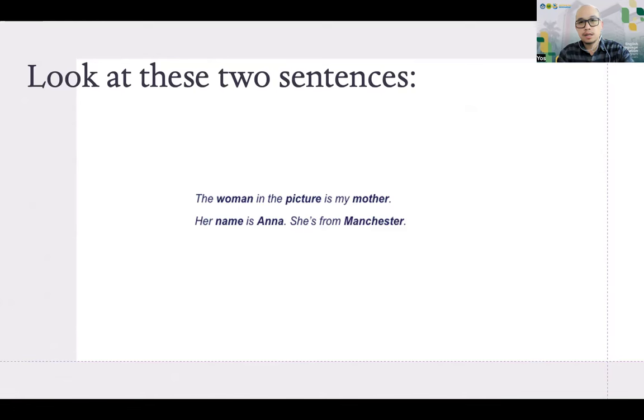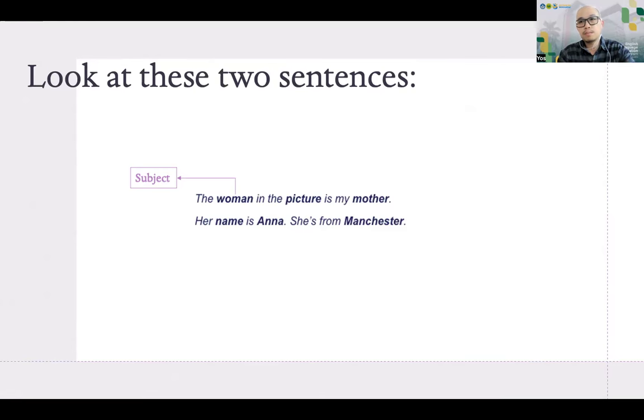Let's see the first sentence. The first noun that we can find from the first sentence is woman. Woman occupies the position of the subject of the sentence because this whole sentence is talking about, this whole sentence is discussing the woman. That's why we can safely say that woman here occupies the position of the subject of the sentence.